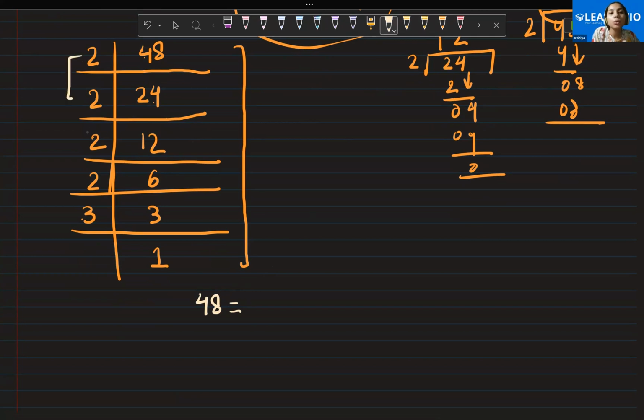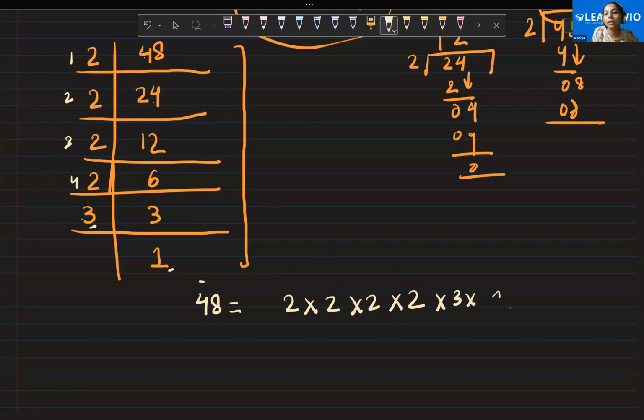So 2, 2, 2, 2. How many times do I have 2? 1, 2, 3, 4 times I have 2. So I will write 2 multiplied by 2 multiplied by 2 multiplied by 2. 4 times I have 2 here, so I'll write 4 times here. Then again a multiplication sign, then I have 3. So multiplied by 3 multiplied by this last number, which is 1.